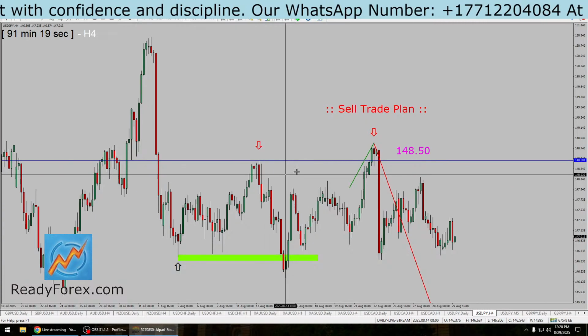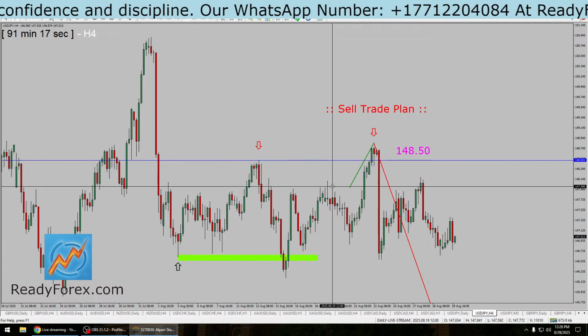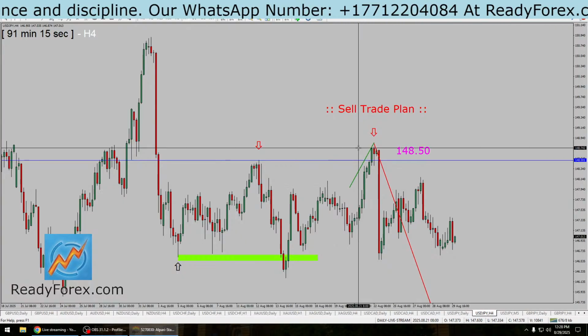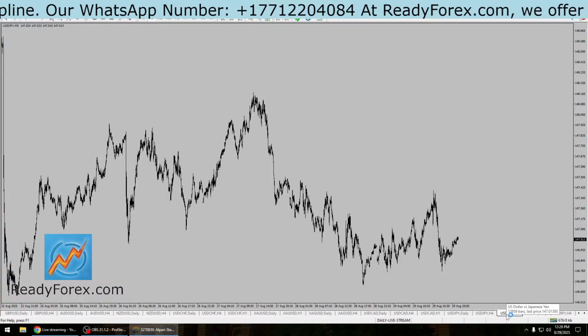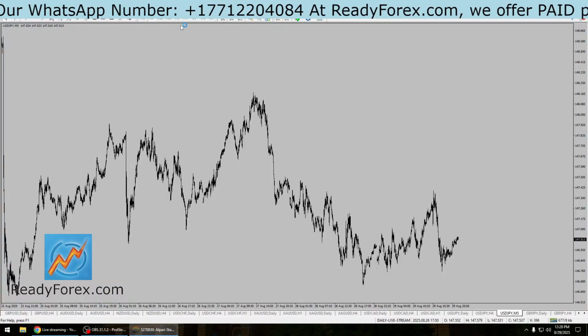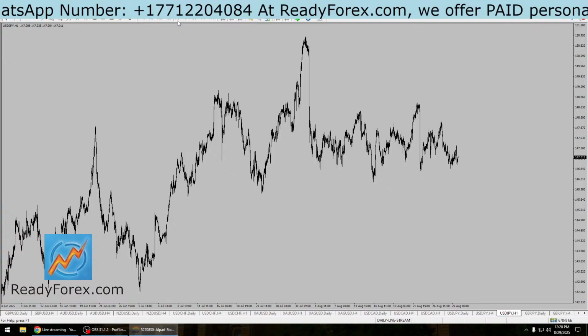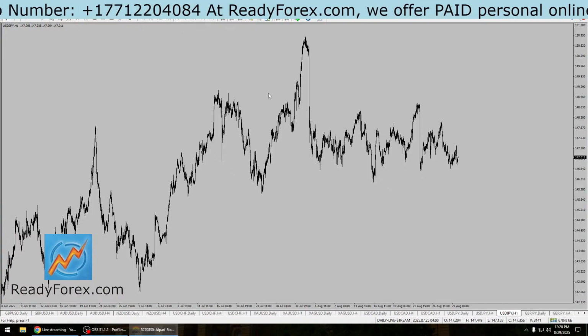At first I thought this whole thing was probably going to turn into some sort of triangle pattern, but it didn't. So USDJPY, expect further sideways price action. It's probably going to waste more time than any other currency pair.